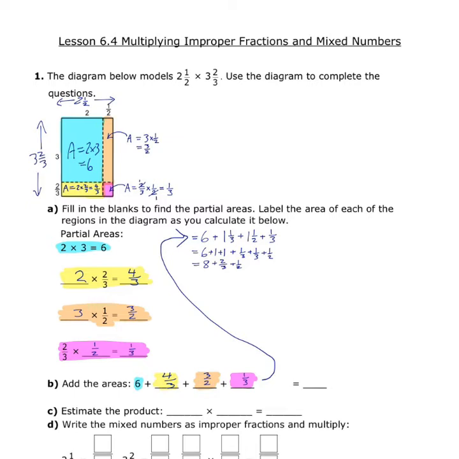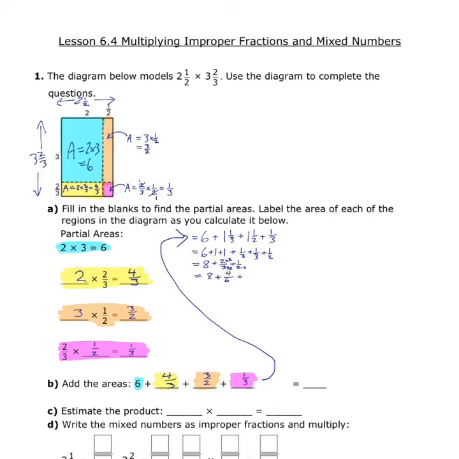So now in doing that addition, we do need to have a common denominator. So the common denominator between 2 and 3 is equal to 6. So to get a common denominator of 6, we have to multiply this one by 2, top and bottom. So that gives us 4 over 6.